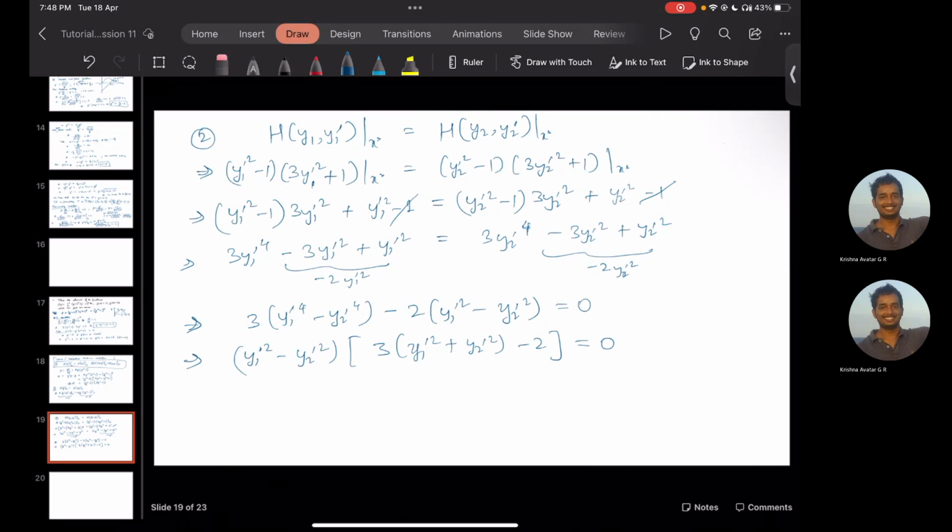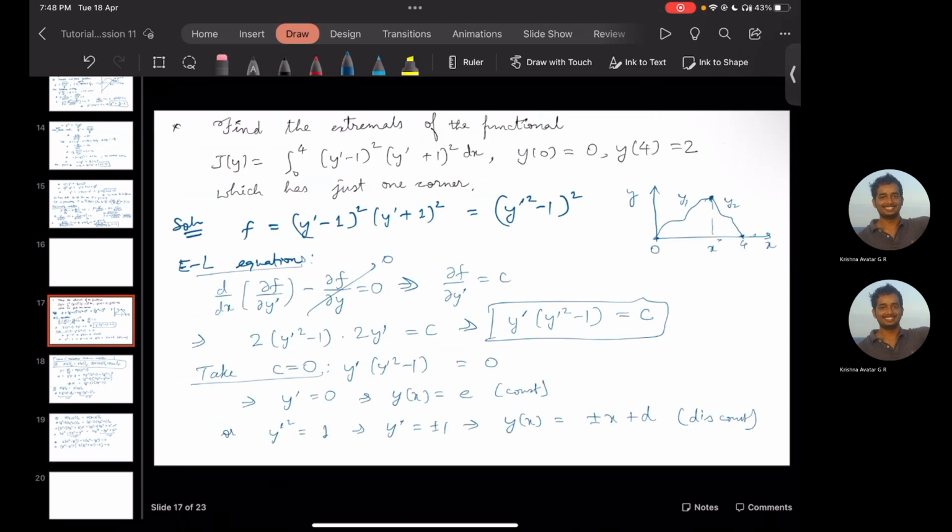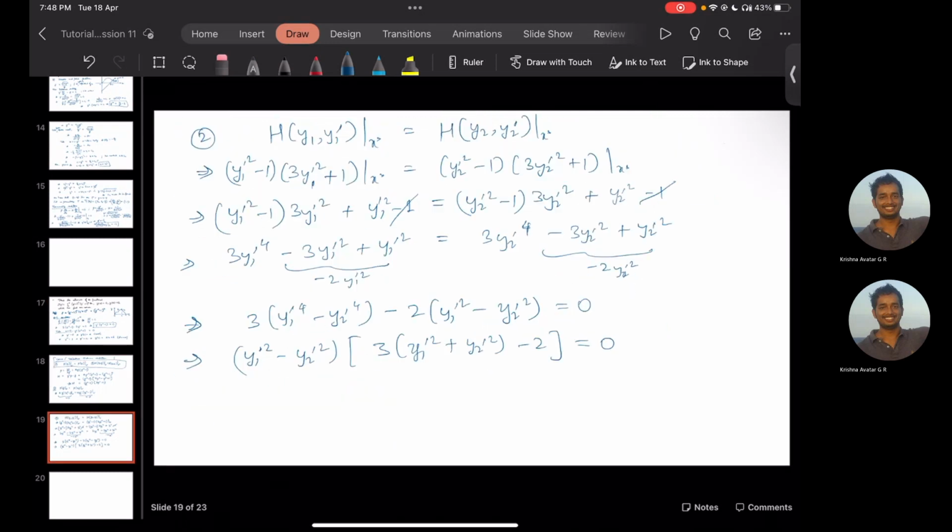Now you clearly see here that y1 prime is either 0 or 1, and y2 prime is also 0 or 1.